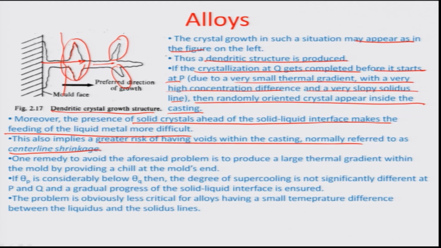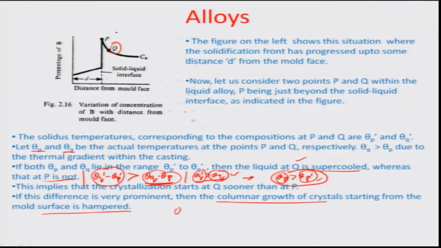So, one remedy to avoid the aforesaid problem is to produce a large thermal gradient within the mold by providing a chill at the mold's end, so that the gradient is increased so much that the value theta Q minus theta P produced by the chill becomes automatically elevated above theta Q dash minus theta P dash.